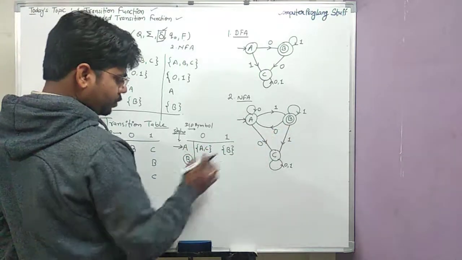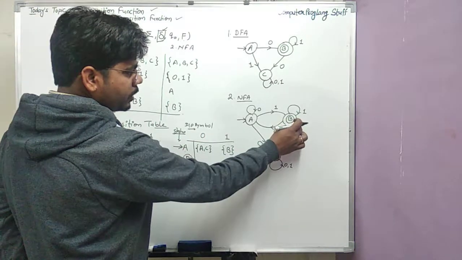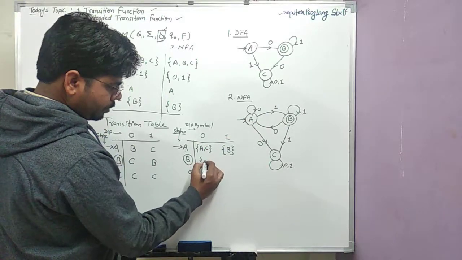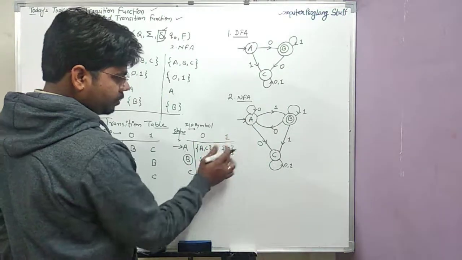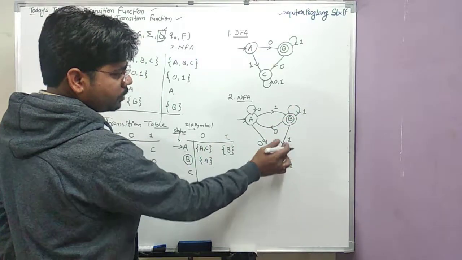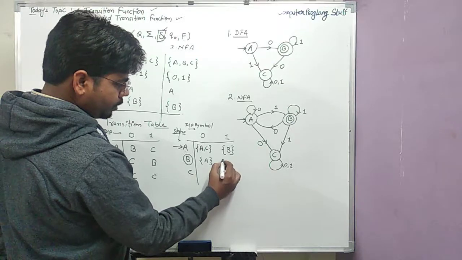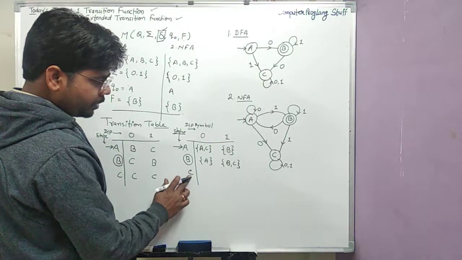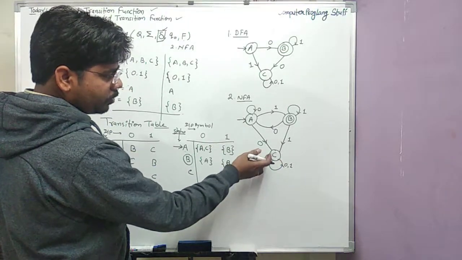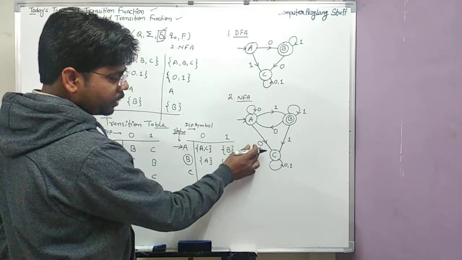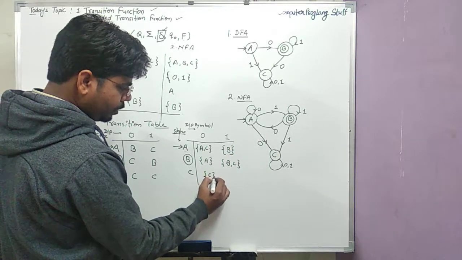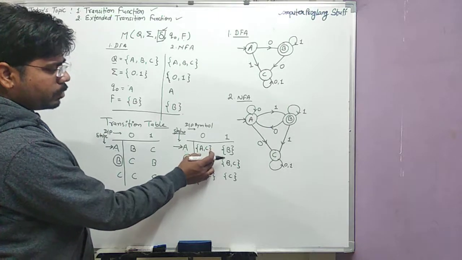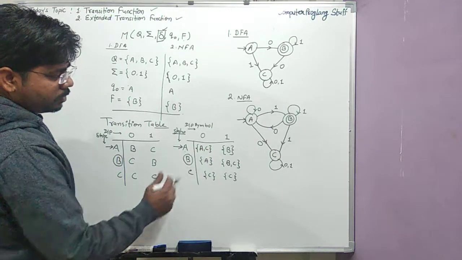From state B, for 0, that is B to A, and for 1 there is a self loop and a transition from B to C, so we have two states, B and C. Now the C state has a self loop and no other outgoing transition, so we have C and C. There can be more than one state, so we have drawn them in brackets.